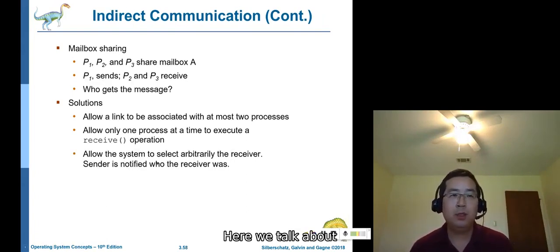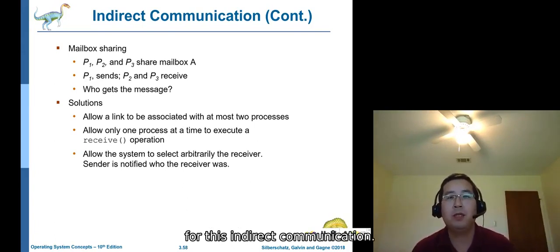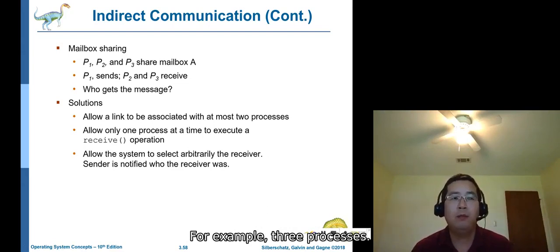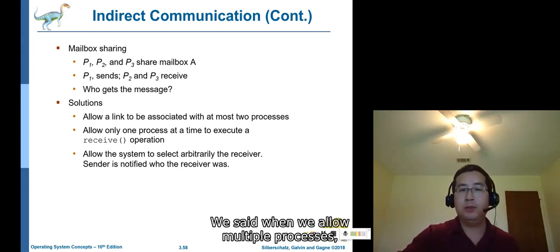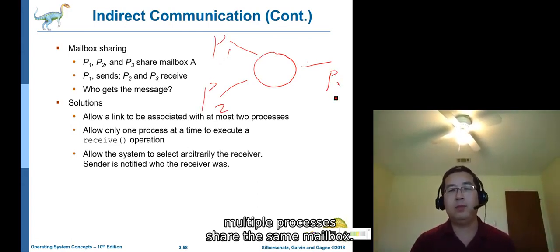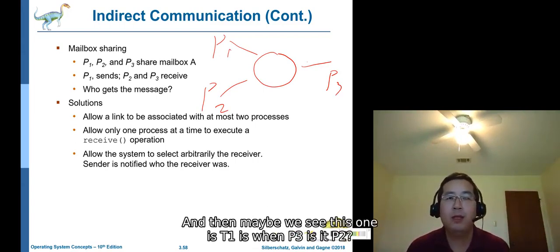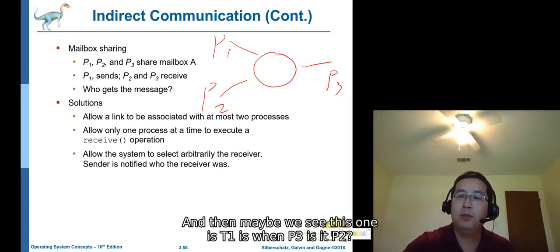So here we talk about some problems we want to solve for this indirect communication. For example, 3 processes. We said that we can allow multiple processes to share the same mailbox, for example P1, P2, P3.